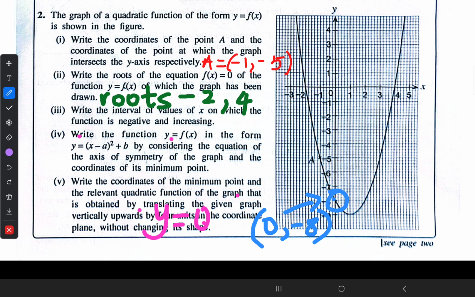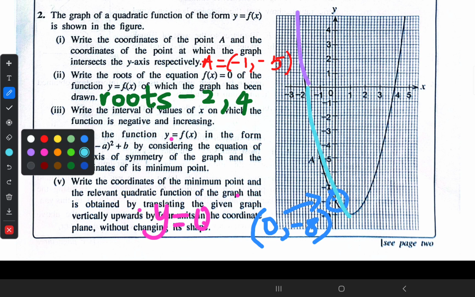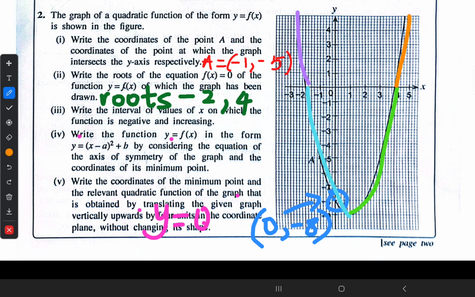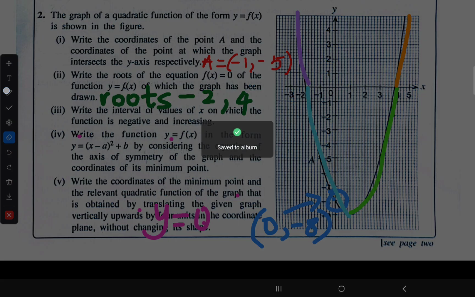This is the first area, this is the second one, this is the third one, and this is the fourth one. We can split this particular graph into 4 different regions.